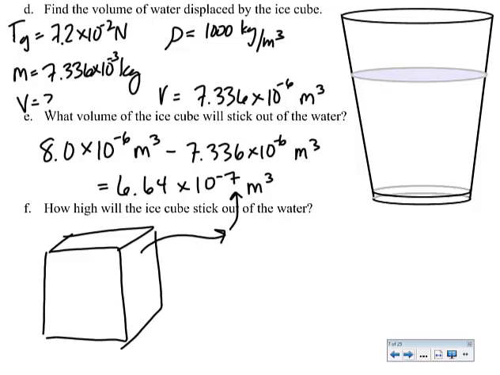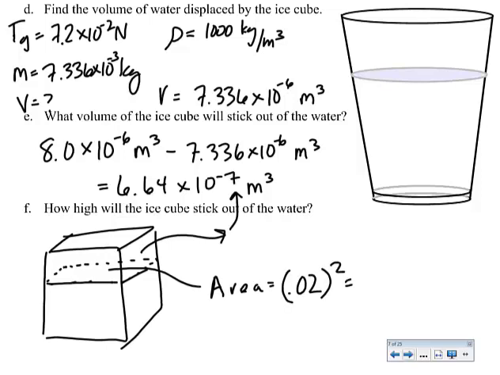And I know that the cross-sectional area of the cube is equal to an area of a square that is 2 centimeters on a side. Oops, I think I got one too many zeros there.